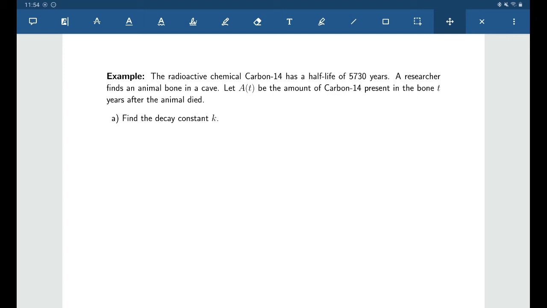Regular carbon that exists on the planet, most of it, carbon-12, is not radioactive. However, there is a certain amount of carbon-14 present on the planet that is radioactive.